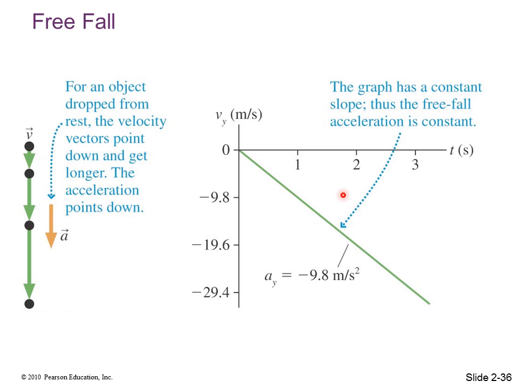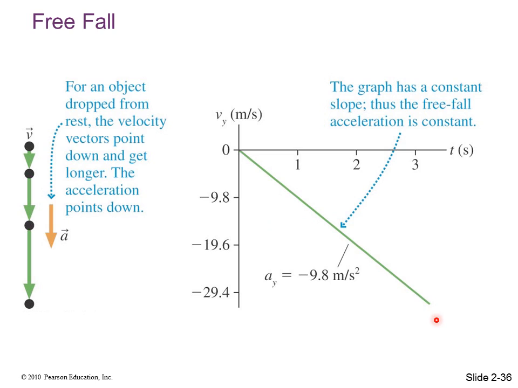Whenever you look at the slope of a line on a VT graph, it gives you acceleration. So I want you to notice two things about this line. First off, it's heading down to the right, so that means it's negative. And the second piece of information, it's not a curve. Y'all remember seeing that whenever velocity was constant, it was flat and horizontal; this is also a straight line.